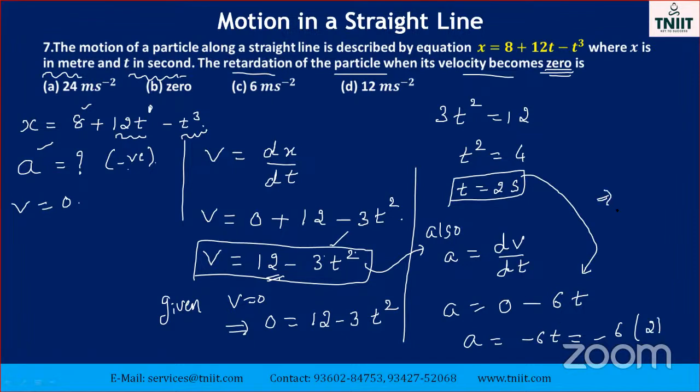This implies acceleration will be minus 6 into 2, that is minus 12 meter per second squared. So what is the retardation, students? 12 meter per second squared. That negative sign tells it is a retardation.